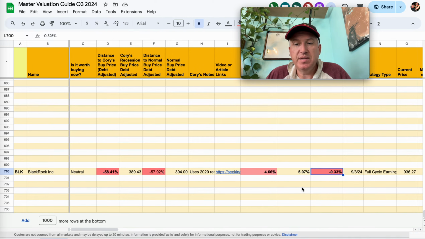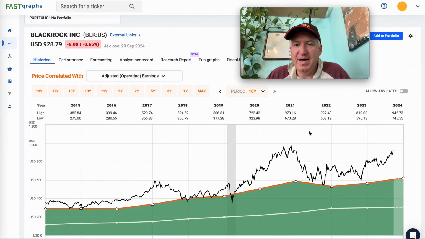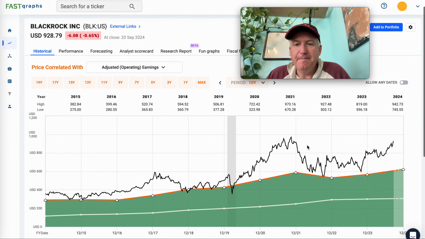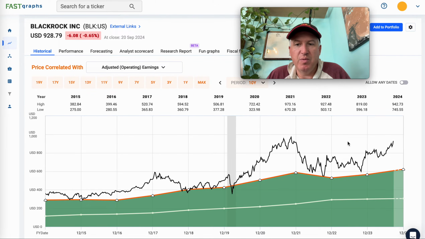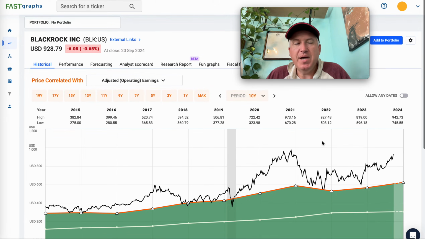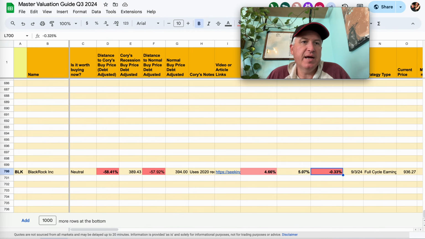Now revenues, the 3-year revenue number is actually negative, and that's because of the boom bust, right? So the revenues probably peaked about 3 years ago, and after dipping, they're just getting back up to where they were. So I'm not too worried that this is a permanent revenue decline.